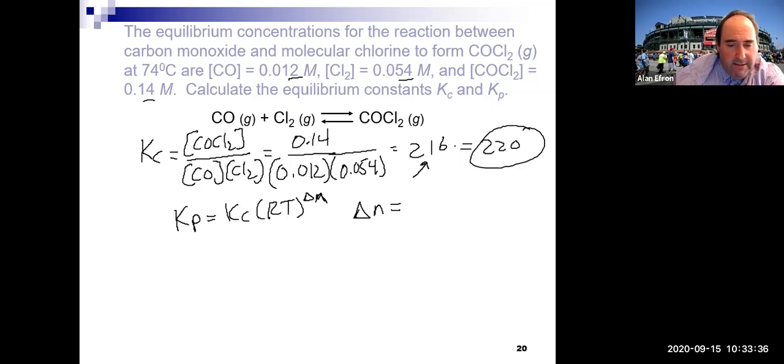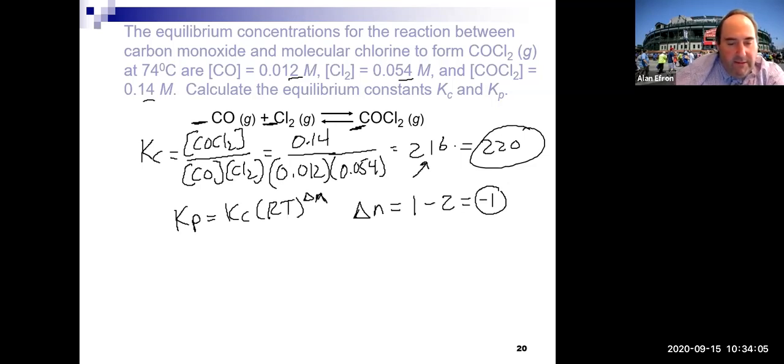So on the product side, there is just one gas, minus one gas here and one here. That is 2, so that's going to give us a -1 for our delta N. Again, the negative here is really important, otherwise, mathematically, you are going to get an incorrect answer.